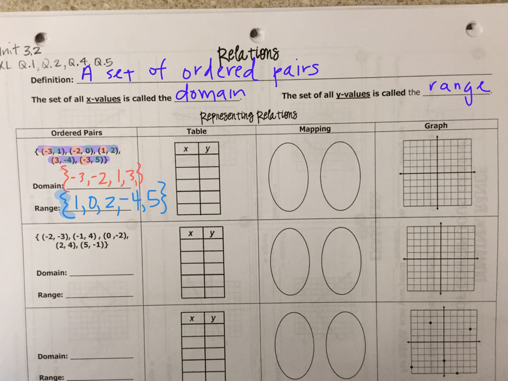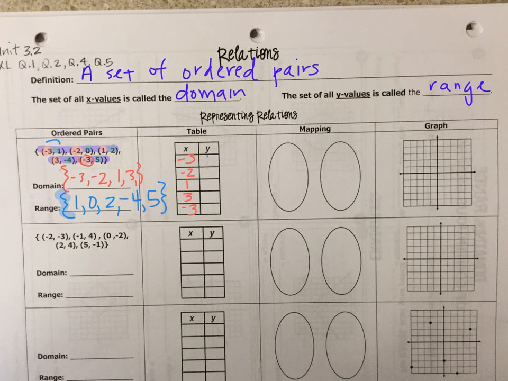When I write it into a table, I just take all those x's and I'm going to write them down. -3, -2, 1, 3, and that -3 appeared twice, so I got to put it on my table. Now I'm just going to put their partners with them.